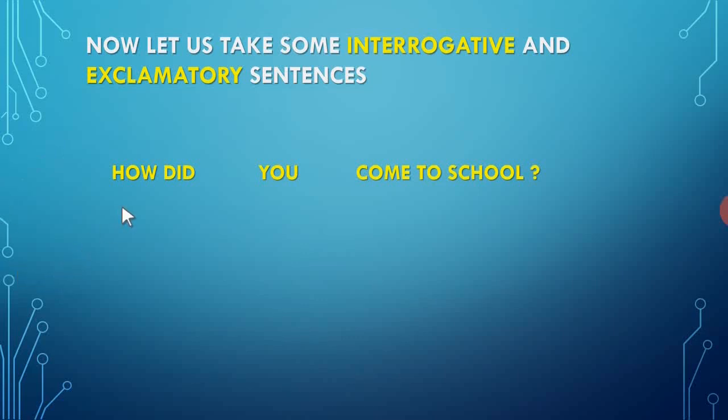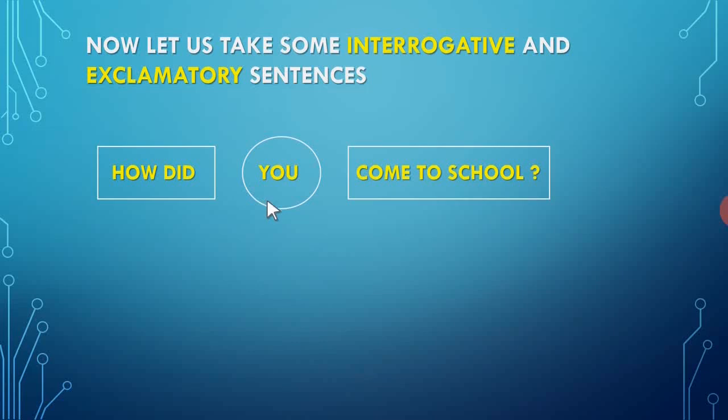Like I showed you, the apple is red in color. The apple is the subject coming before the predicate. Fish swims in water. Fish is the subject which is coming before the predicate. But in these kind of sentences, children, the subject comes either in the middle or in the end of the sentence, children. So this is the predicate. This is the predicate. Come to school and how did?